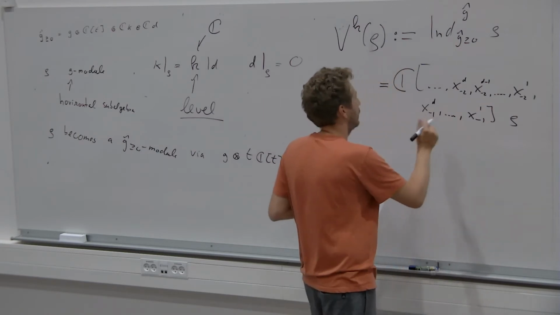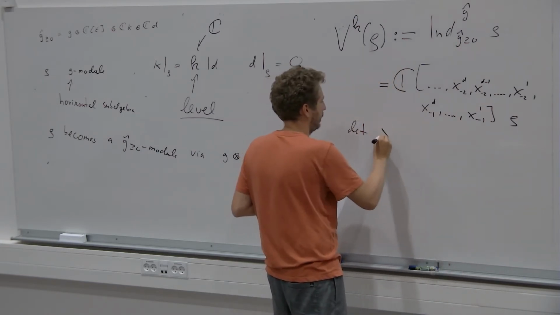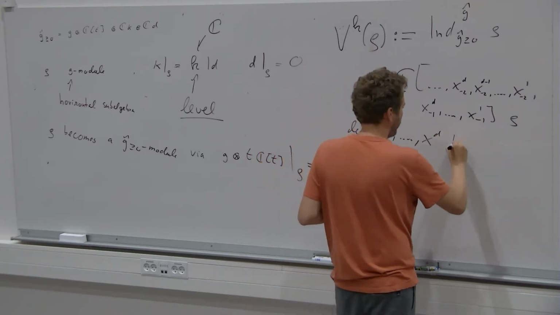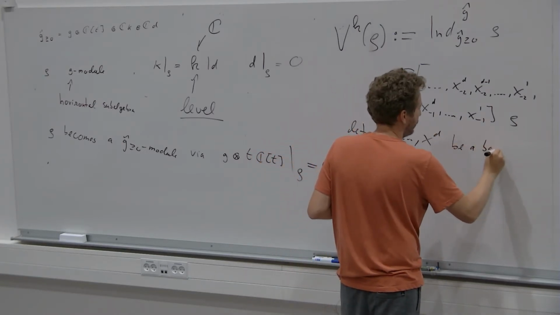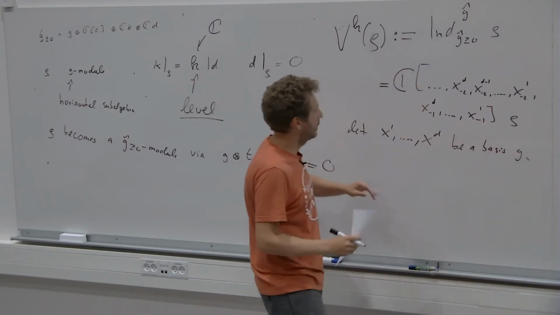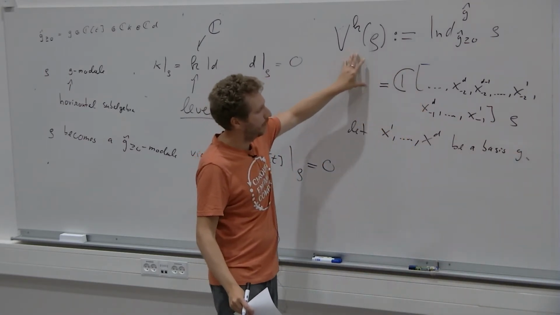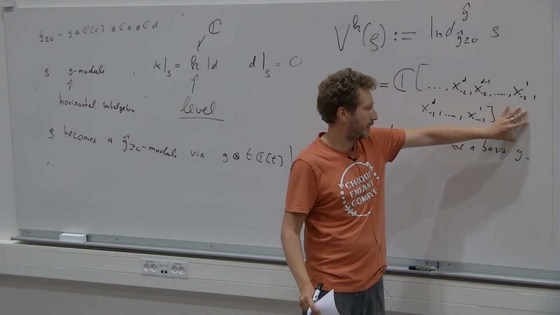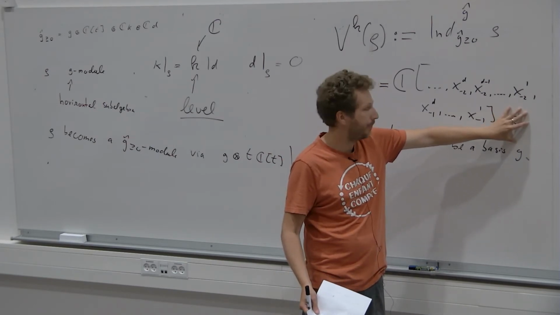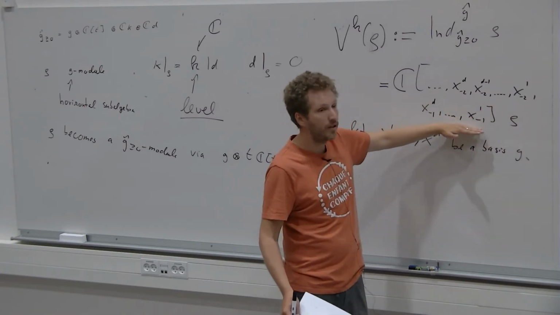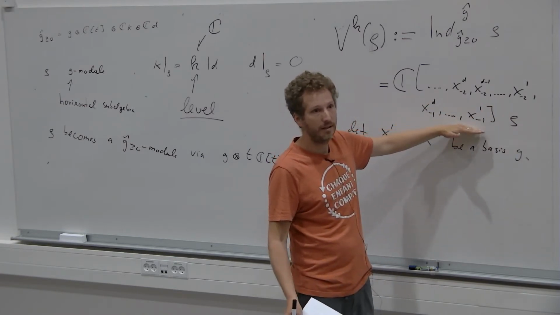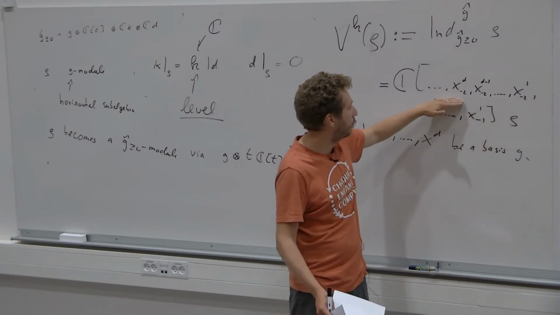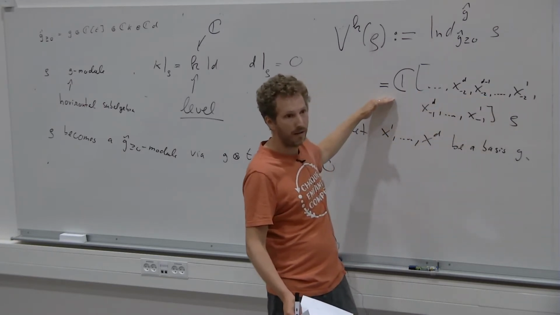So let x1 up to xd be a basis of our Lie algebra. Then as a vector space, this module is just the module of the finite dimensional Lie algebra times polynomials in all these infinitely many negative modes, the x in the -1 modes, the -2 modes, the -3 modes, all others.